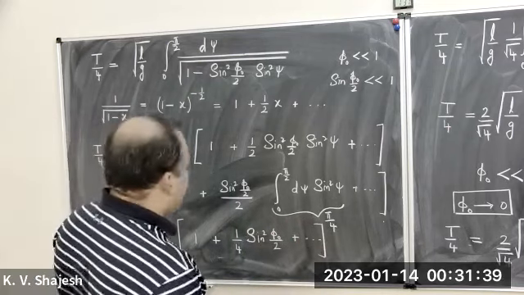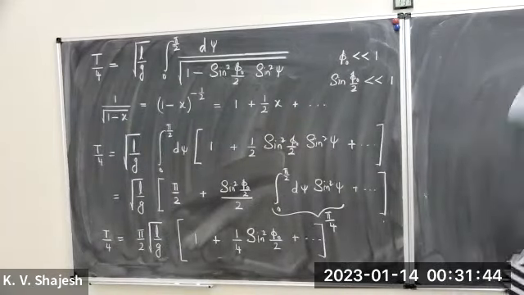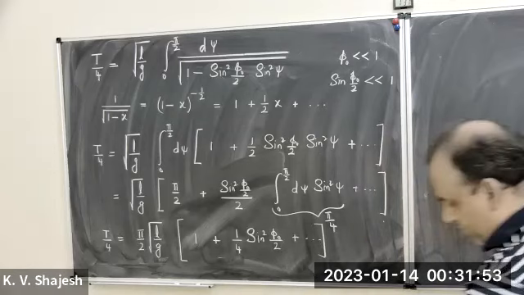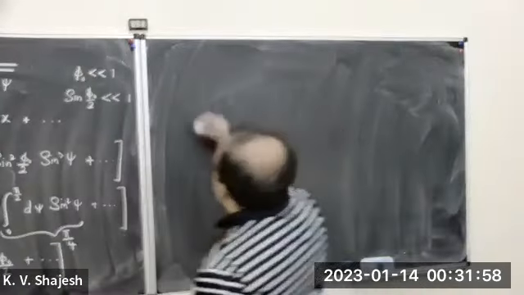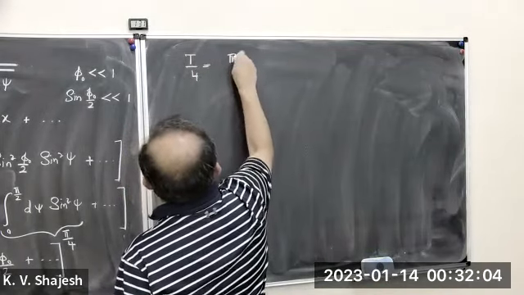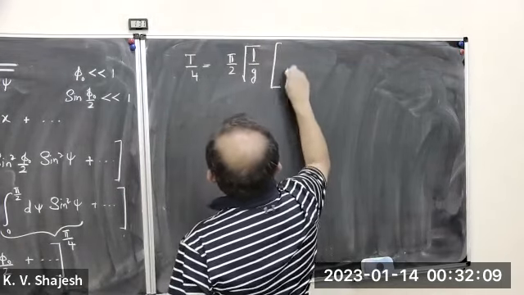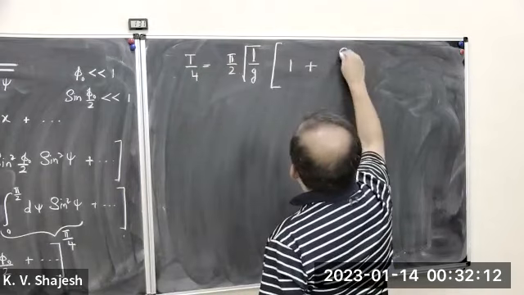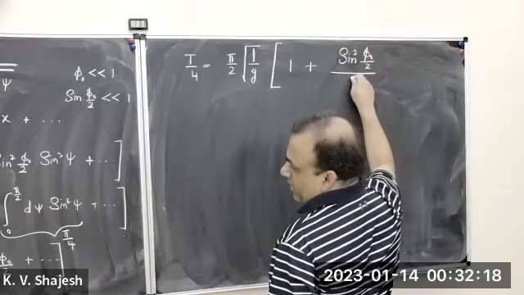Let me rewrite that on the right side. So that's our result here. The quarter of the time period is equal to pi by 2 times square root of L over g times 1 plus sine square phi naught over 2 divided by 4.